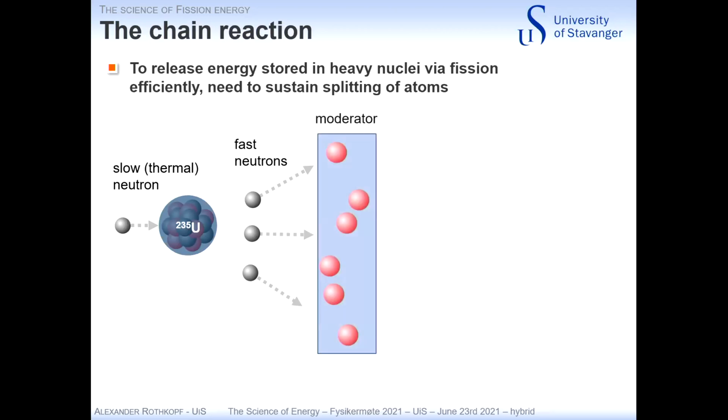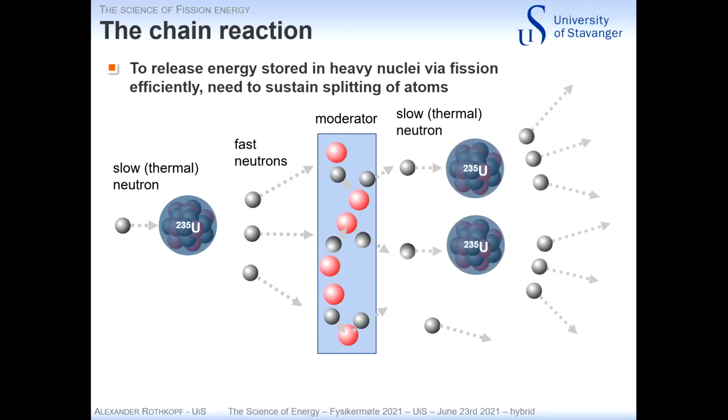So what we need is a so-called moderator, a material that has a lot of protons in it, because then very efficiently your neutrons can bump into those protons, exchange energy and momentum, and slow down. The moderator heats up, the neutrons slow down, and out you get again slow thermal neutrons that now can actually induce subsequent fission events as they proceed.